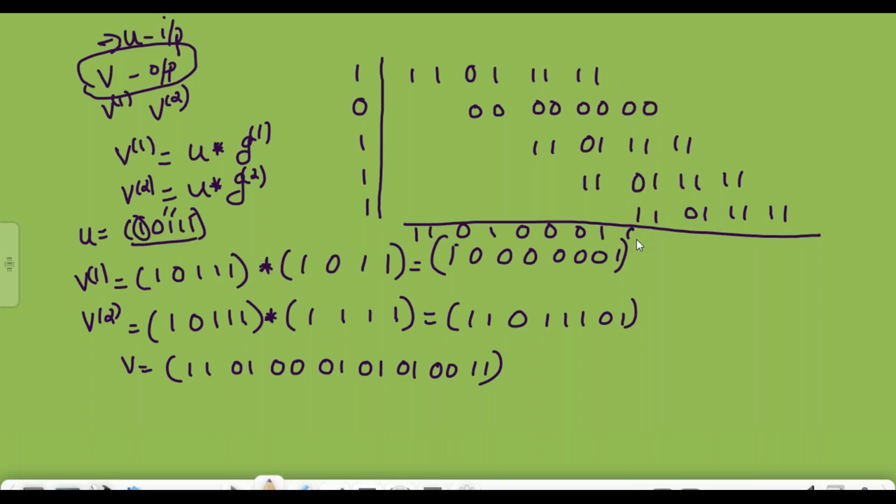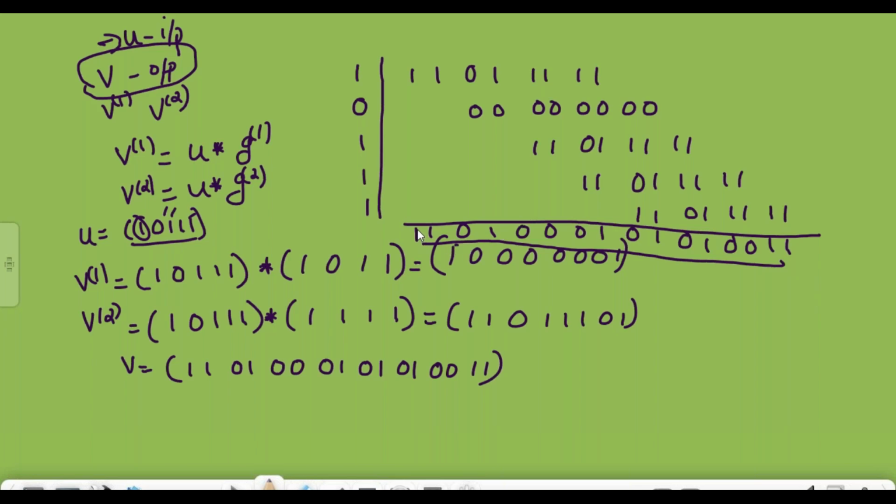Here it is 0, 1, 0, 1, then 1 plus 1 is 0, 1 plus 1 is 0, 1 1. This is the sequence we have obtained, and we can see it is the same as the output here.